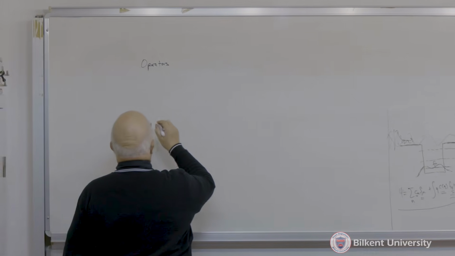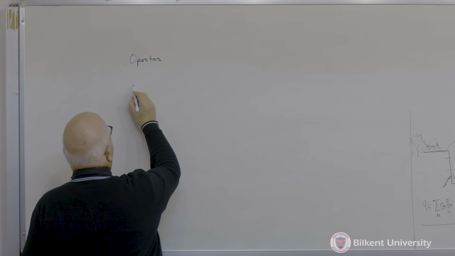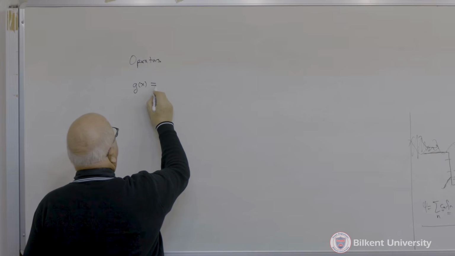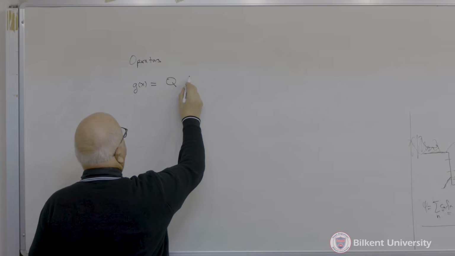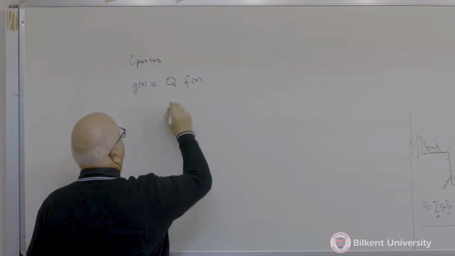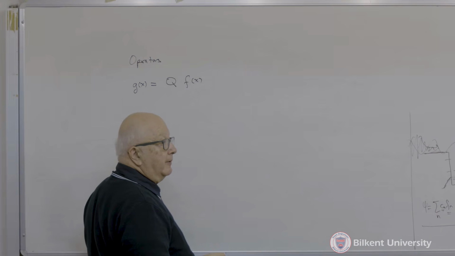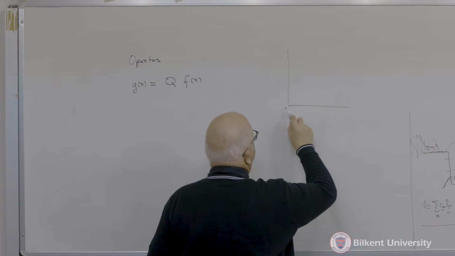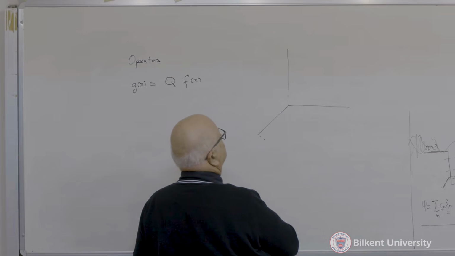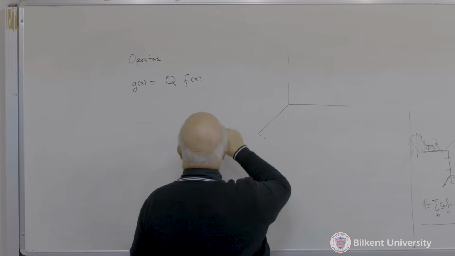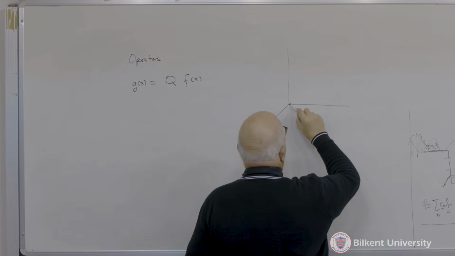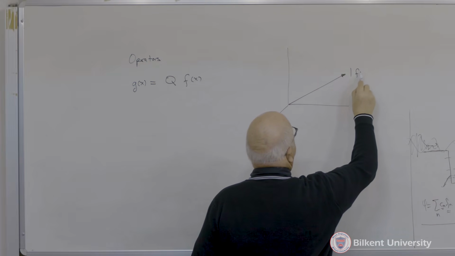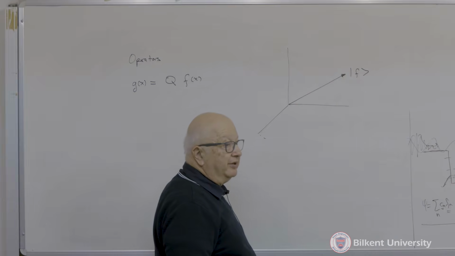So if in real space I have this function g of x given to me by some operator q operating on f of x, in Hilbert space, the function f now becomes a ket vector f.